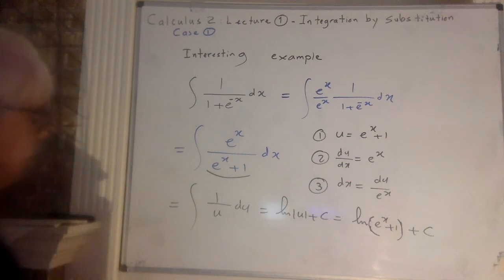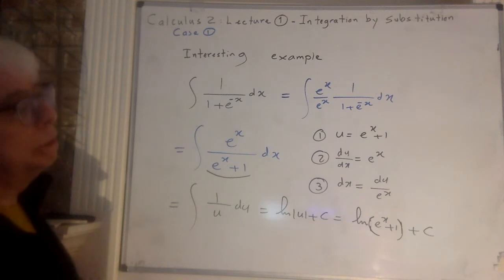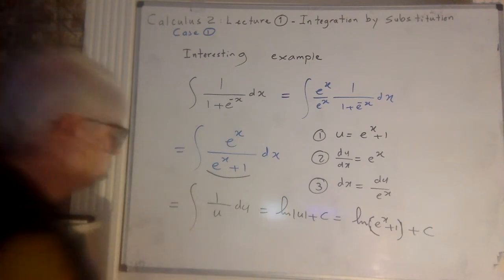So this is the first case that we use something that we call substitution. And this is like the reverse process of integration, the chain rule, differentiation using the chain rule. So it's the inverse of the chain rule.